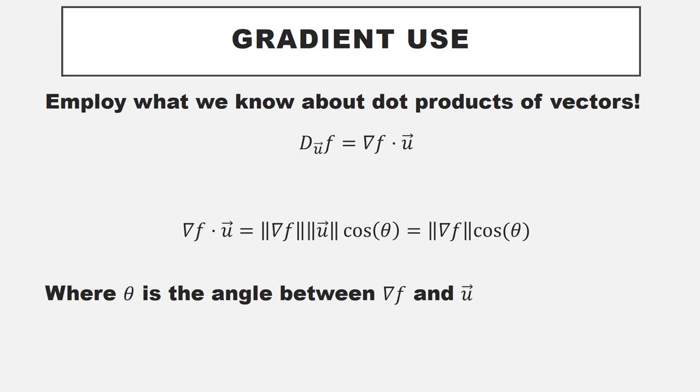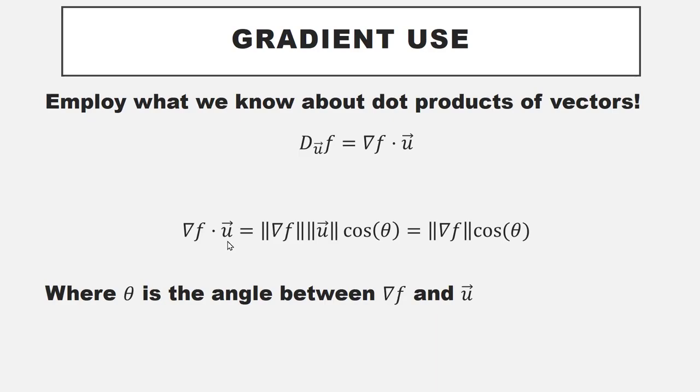allows me to use some of the features of the dot product. In particular, if you remember, if I take the dot product of two vectors, that is the magnitude of each vector multiplied times cosine of the angle between them.